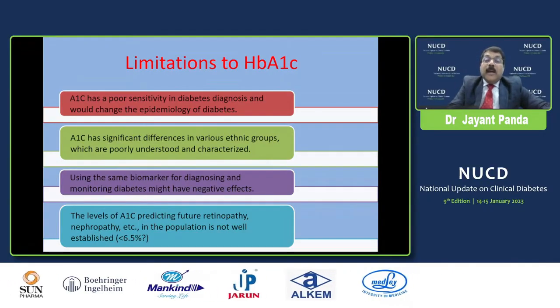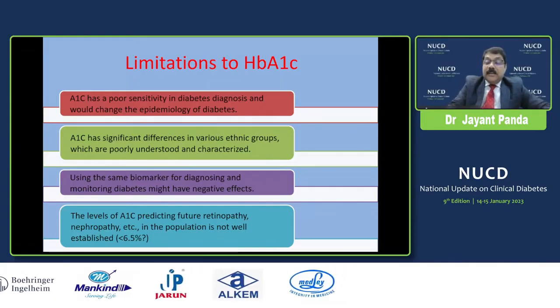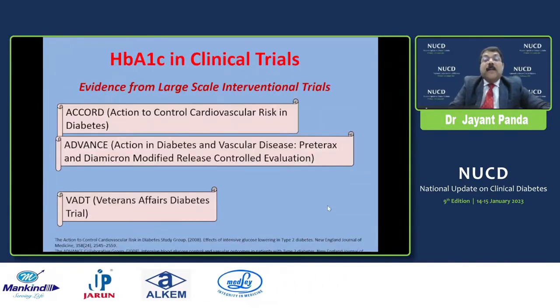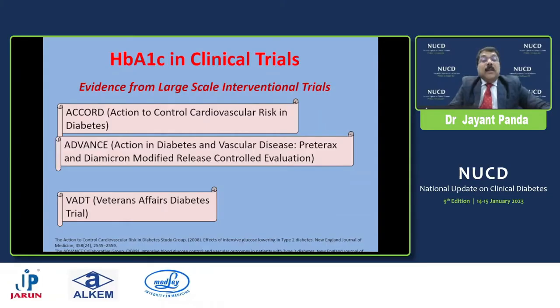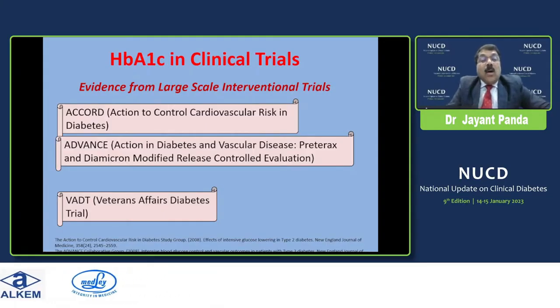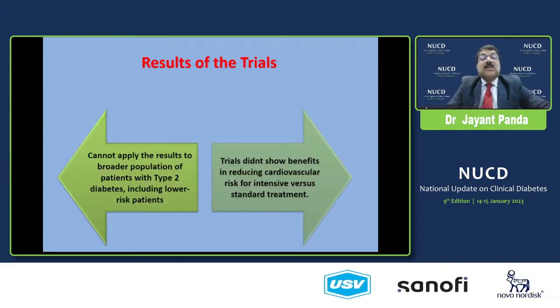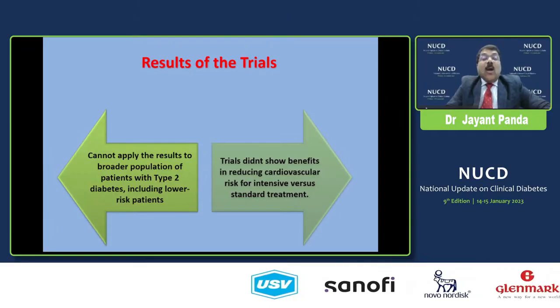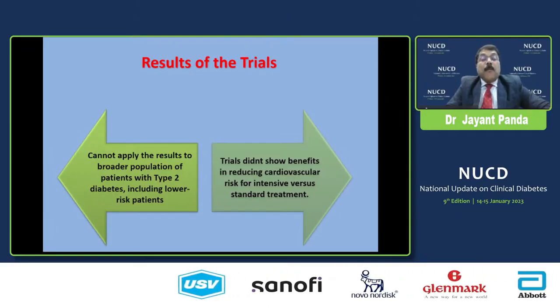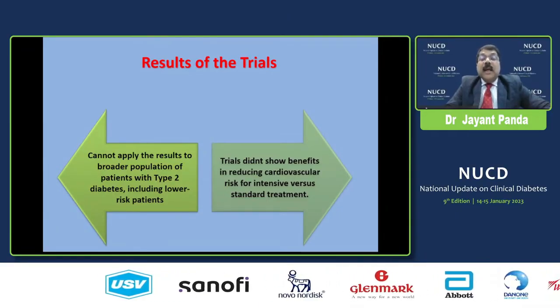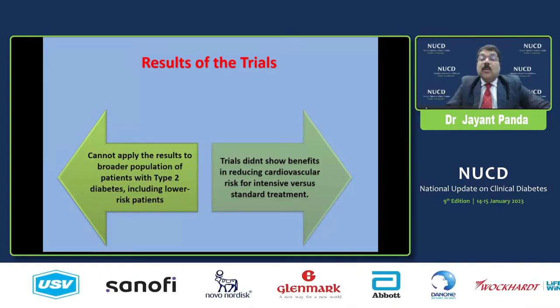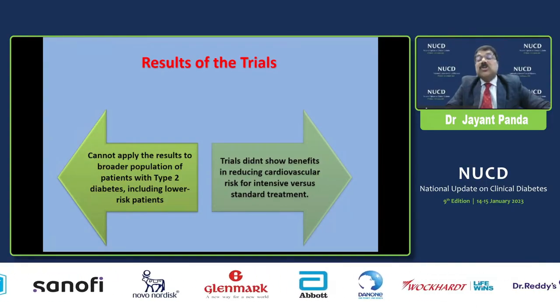We took 6.5 for the diagnosis, but neither for the diagnosis nor for the monitoring does it come out very promising. And from trials like ACCORD, ADVANCE, and VADT, the very important findings concern the intensive and the standard glycemic control which we have followed. If you see the results of these trials, they cannot be applied to the broader population of type 2 diabetes patients, and the trials didn't show benefits in reducing cardiovascular risk, intensive versus standard treatment.